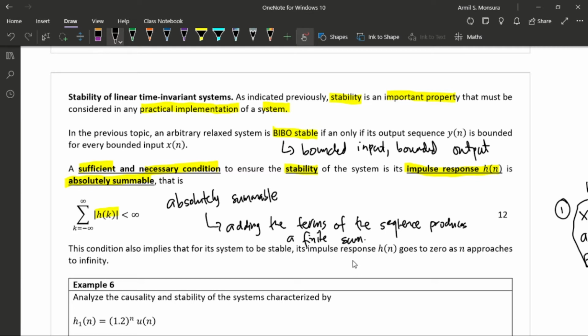So when we add all the terms of our h[n], it becomes finite. That is the way that we determine whether a system is stable or not using your impulse response.